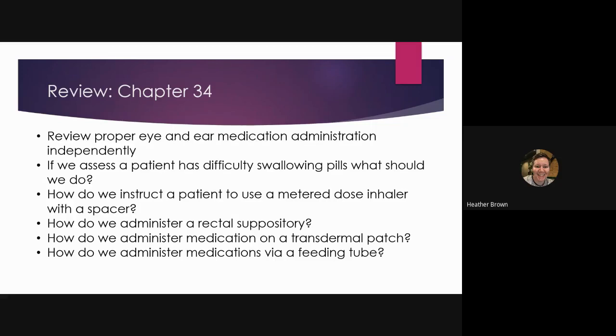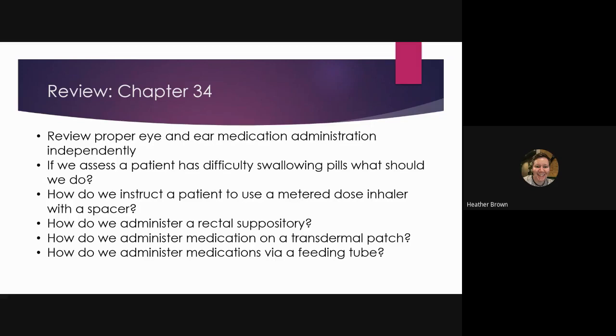Very good. How do we administer medication through a transdermal patch? So you're going to put a patch on them. Some of these questions you put earlier in the chat box when it came to patches. So transdermal patches should be placed in areas with good circulation, like the chest, shoulders, or upper arms.